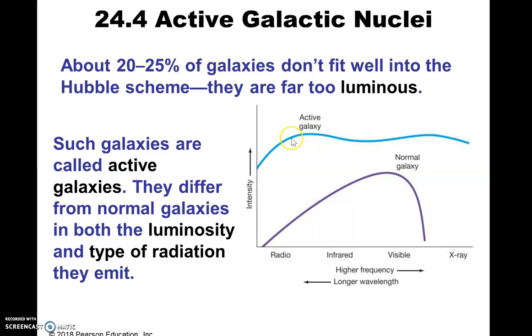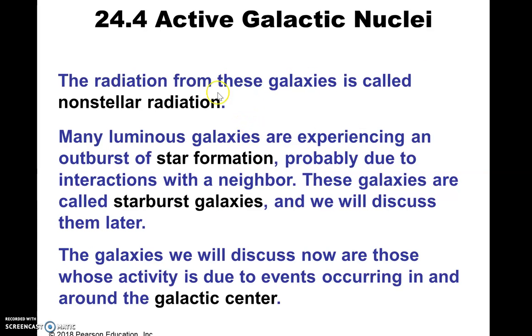So we're going to study each of these, and just keep in mind they have this non-stellar radiation coming from them, and it's more energy than can be accounted for by all the stars in that particular galaxy. So there's some engine creating all this energy, and we're going to investigate what that is.